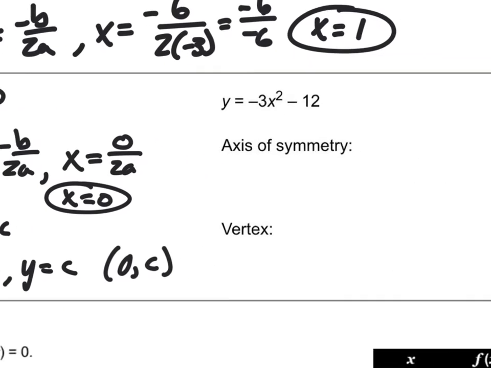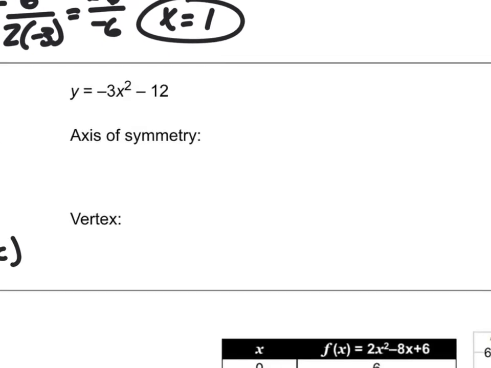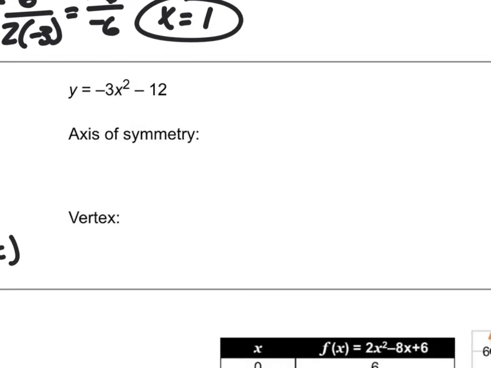So when you don't have a value of b, like in this case, now we've got numbers here. All right? I would say y is equal to -3x squared minus 12. I know that my value for a is equal to -3. I don't have an x term, so I don't have a b value. Okay, b is the number in front of just an x. But because I don't have an x, I just know that b is equal to 0.